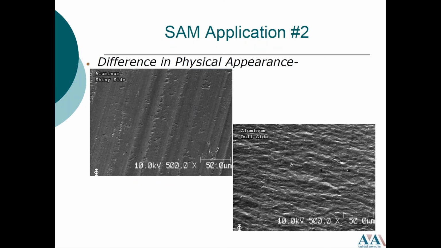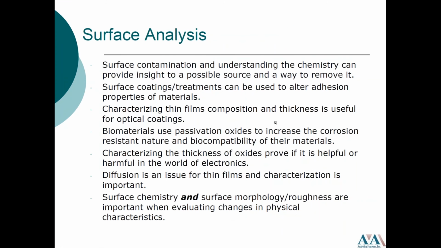Next thing we talked about was thin film composition and using depth profiling to understand your metal stack and that it has a proper composition and that you maybe have no contamination, as well as the thickness, which is useful for optical coatings. Understanding both composition and the thickness of a thin film stack is very useful in that field. And ESCA and FIB can be used to analyze that.